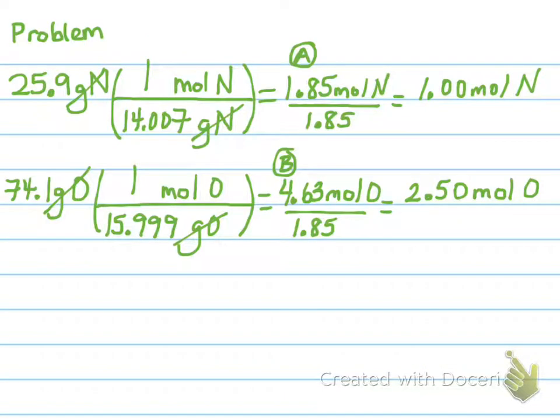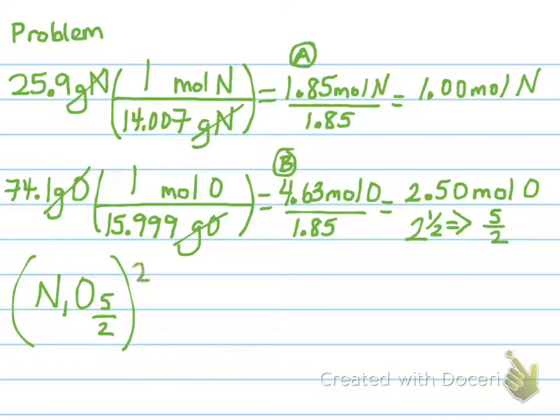Now, again, remember, we said we should either have whole numbers or wholes and halves. So we have a whole number and then we have a half. So this is okay. What this means right now is if I take 2.5 and make it an improper fraction, it'd be 5/2, correct? So what this means is right now my formula is N1, O 5/2, but I can't have a half. So how can I get rid of that half?